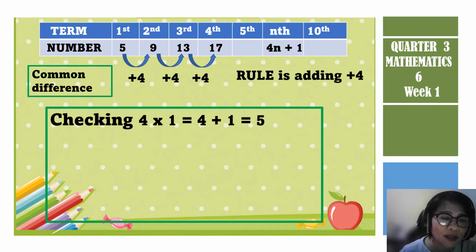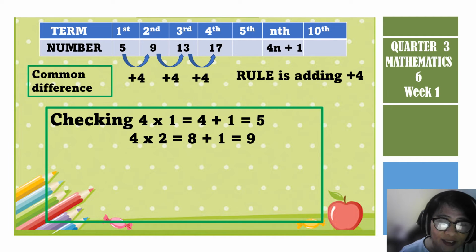Then, let's go to our next number. We have 4 times the second term. 4 times 2 is 8, but we need 9. So, following the rule 4n plus 1, we add 1, and we have 9. So, tama na yung sagot natin.